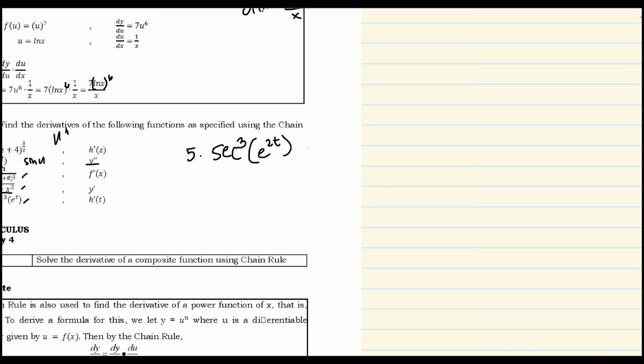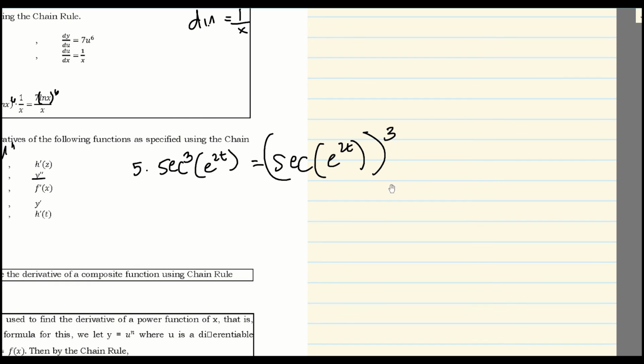Okay, so this is also just like saying sec e to the power of t, and then you cube it. So you will have u to the power of n. If we derive it, we'll have n u to the n minus 1 du.